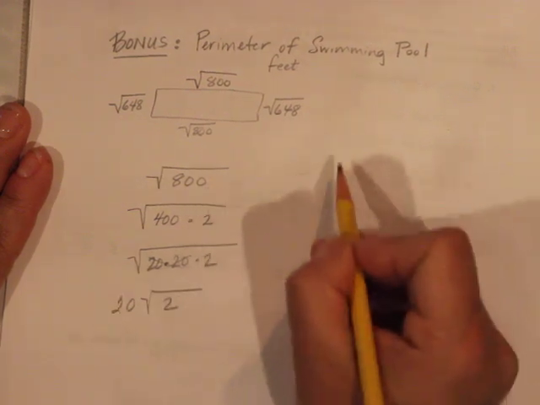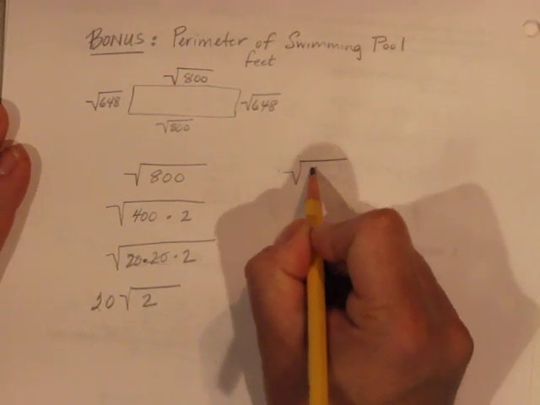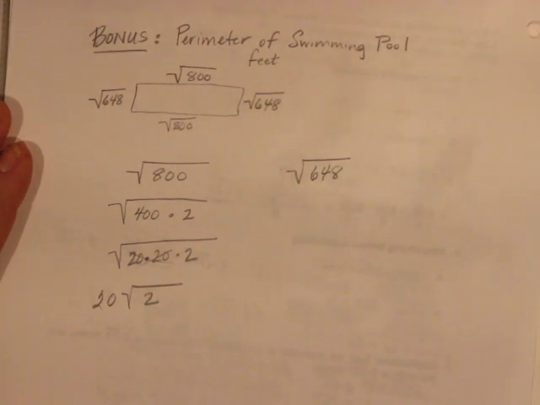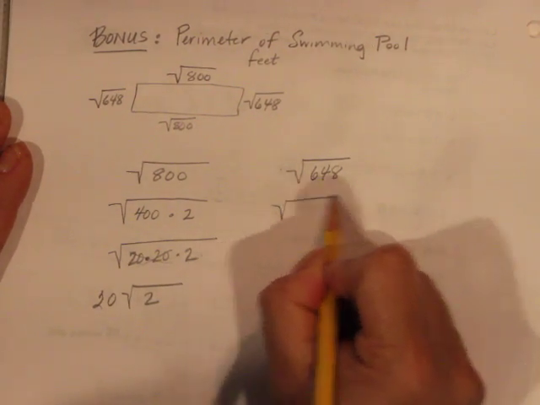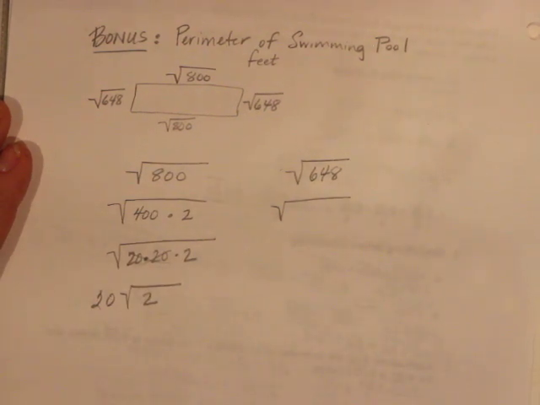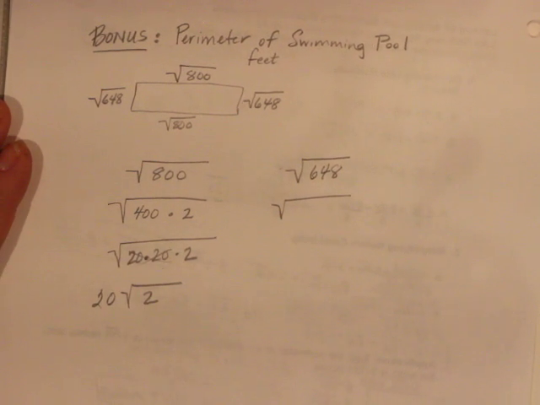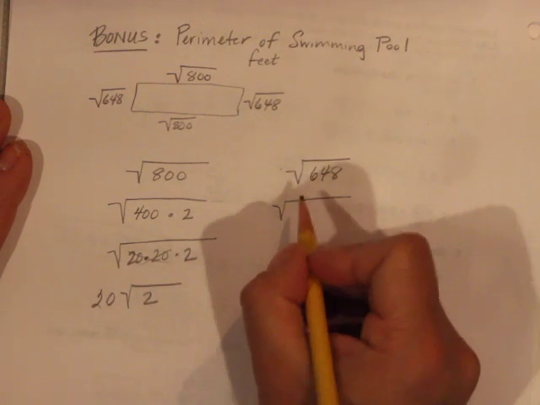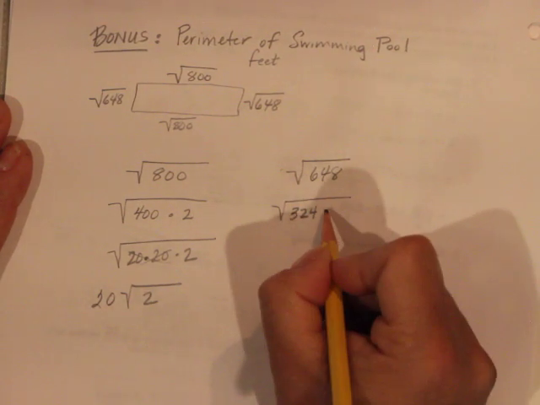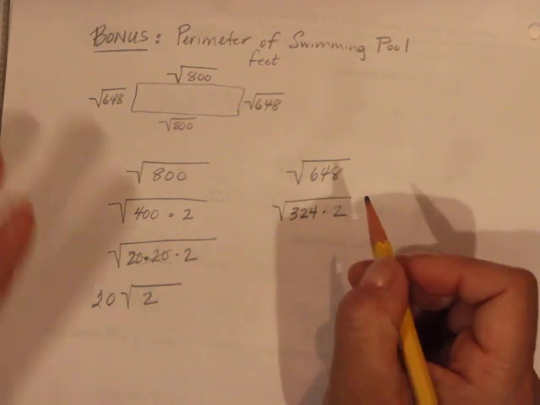Now can I do something similar here with the square root of 648? And the answer, of course, is yes. Of course I can. If I divide 648 by 2, I get 324. 324 times 2.